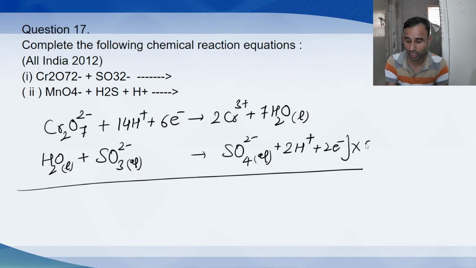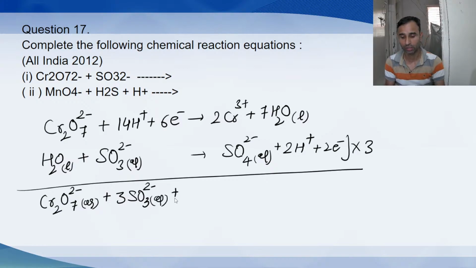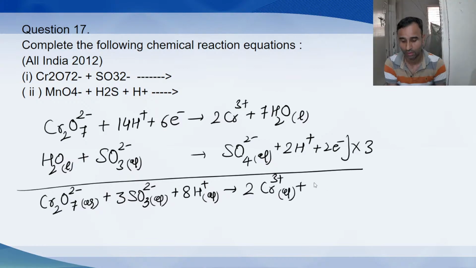So we have to multiply it by 3 only. So it becomes Cr2O7 2- aqueous plus 3SO3 2- aqueous plus, what about H+ ions? 6H+ on the right side, 14 on the other side, so 8H+, to give 2Cr3+ plus 3SO4 2- aqueous plus water.